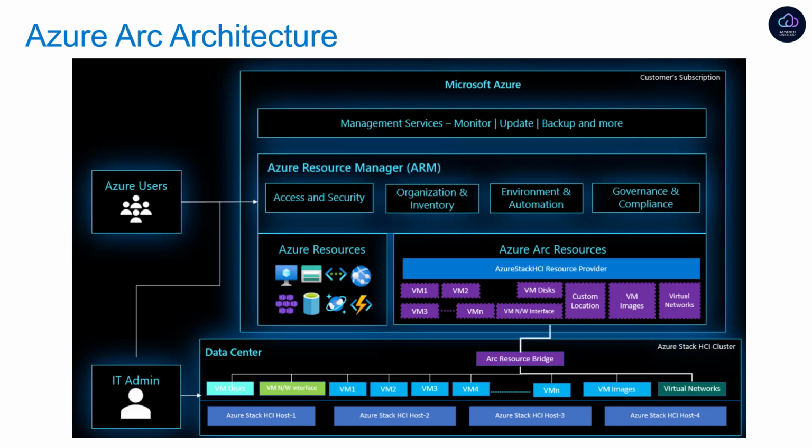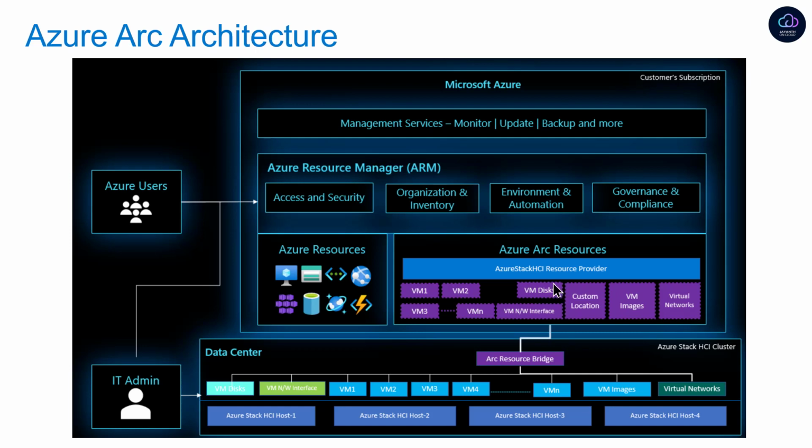And you have the ability to create your virtual networks on Azure Stack HCI clusters as well. Now, using the Arc Resource Bridge, which we're going to talk about in the next slide, you connect your on-premises Azure Stack HCI clusters to your Azure Arc resources.